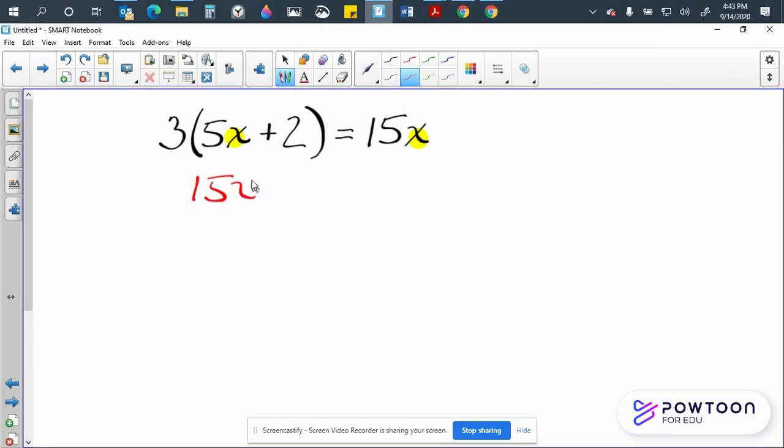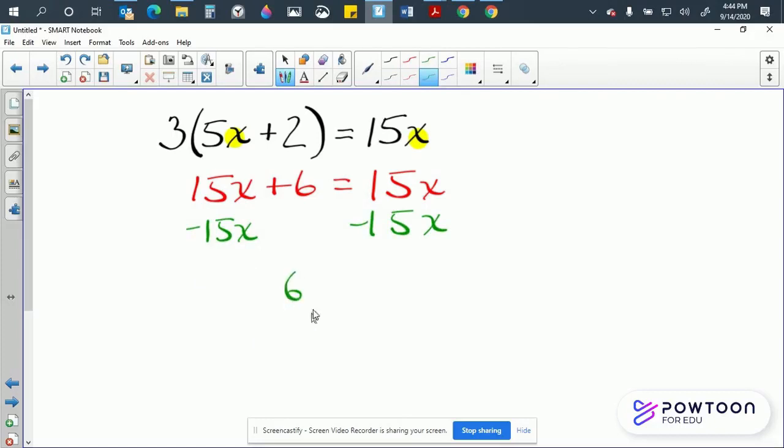So we have 15x plus 6 equals 15x. Now, when I subtract the 15x to move it to the other side of the equation, we're left with 6 on the left side and 0 on the right side.